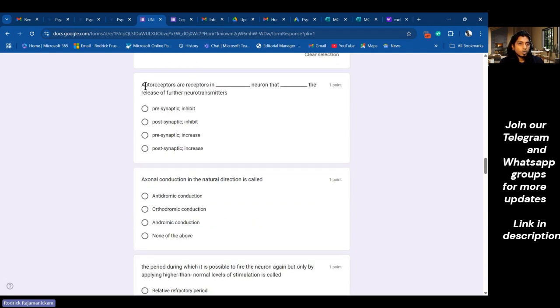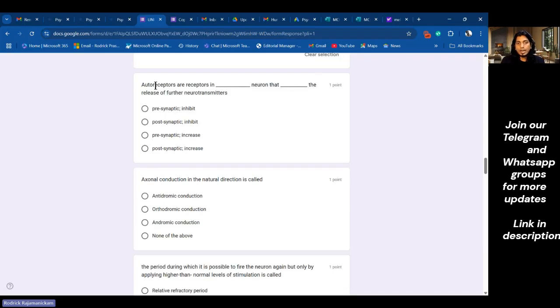Anyway, autoreceptors are receptors in the cell which is giving out the neurotransmitter. So it is presynaptic. Autoreceptors are present in the presynaptic neuron. They regulate further release of neurotransmitters, so they inhibit release of further neurotransmitters. Let's say a presynaptic neuron releases dopamine.